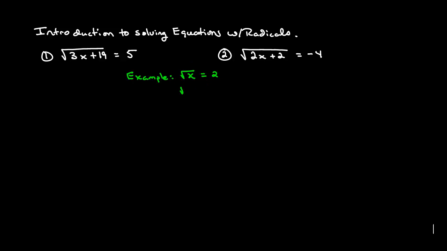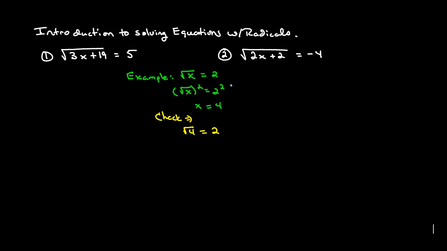When I square both sides, I get x is equal to 4. Now we know that to check, the square root of 4 is equal to the following. And clearly the square root of 4 is 2. So it does check out that if we take the square root of 4, we get 2.